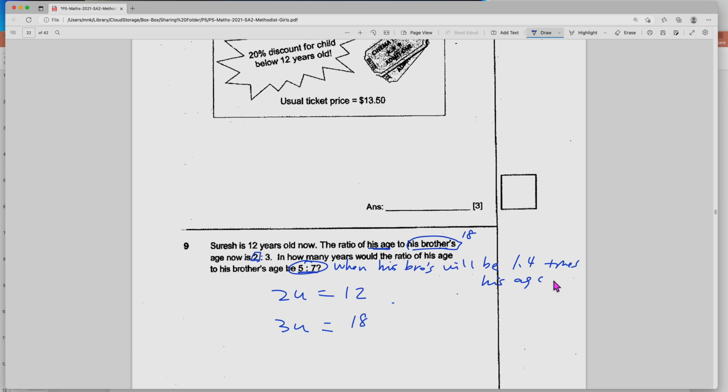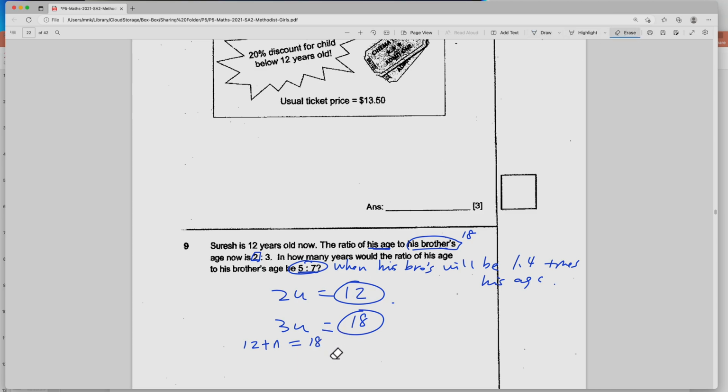So now Suresh is 12, right? The brother is 18, right? After n years, the brother will be 18 divided by 1.4... No, sorry, I made a mistake, not 18.